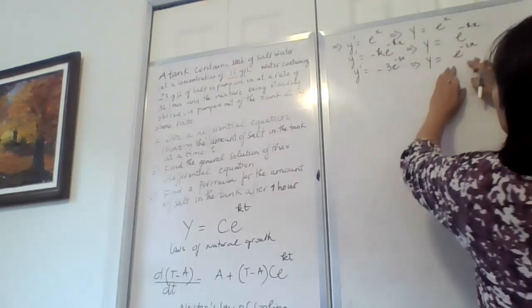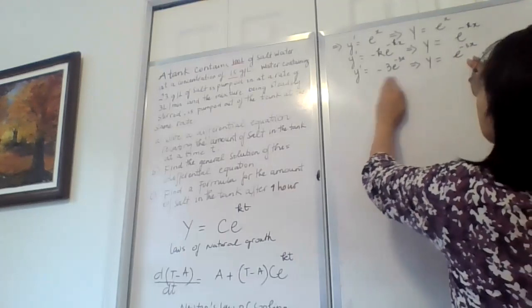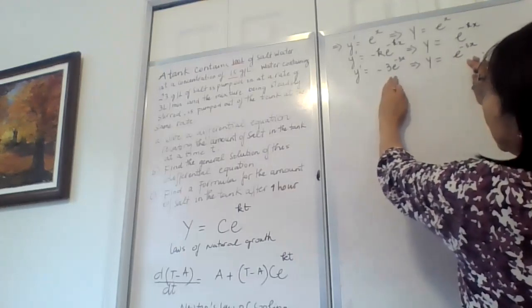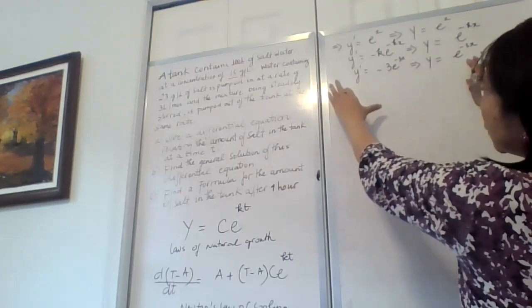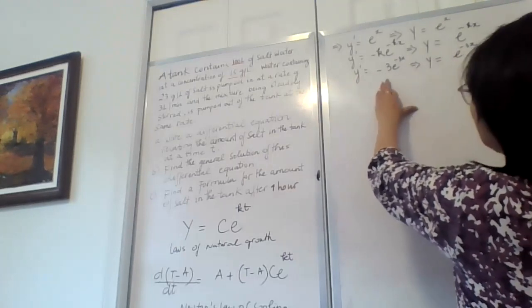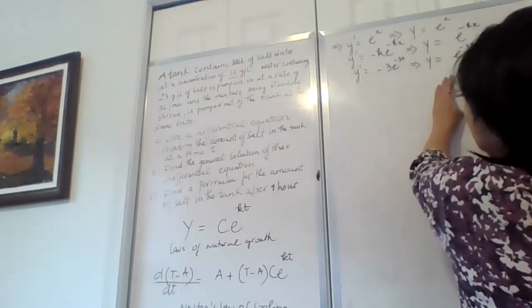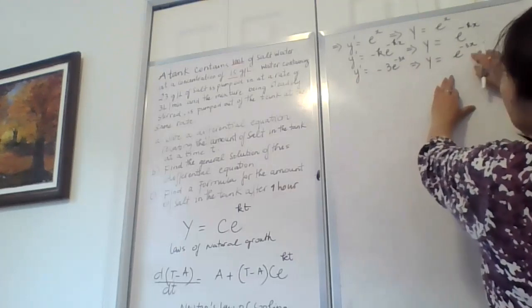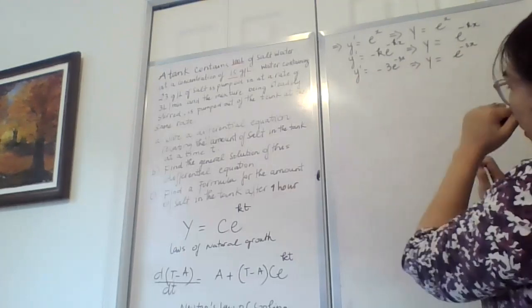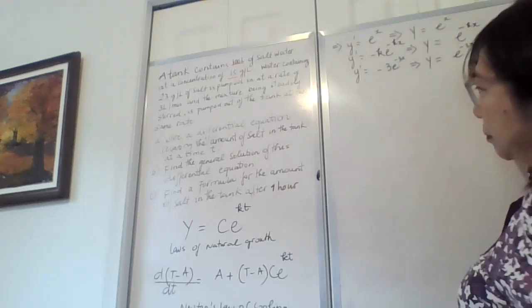So if you take the derivative of this function, you get this. Basically, that's just that. We already learned in the first course how to take the derivative of this exponential function, right? Derivative of this equals this.